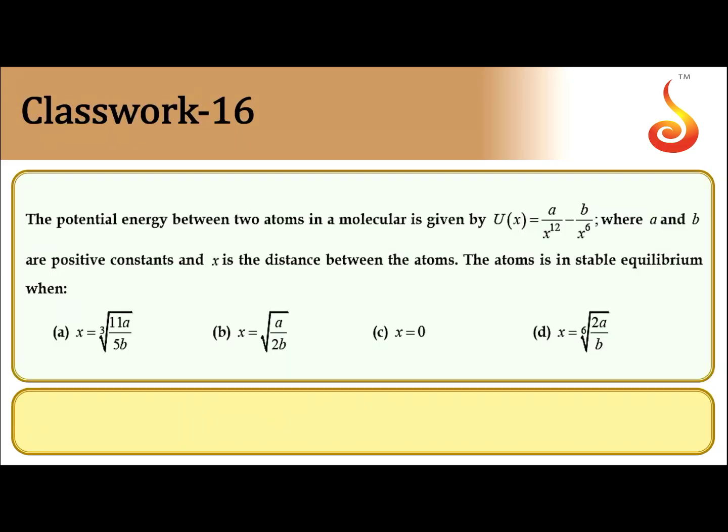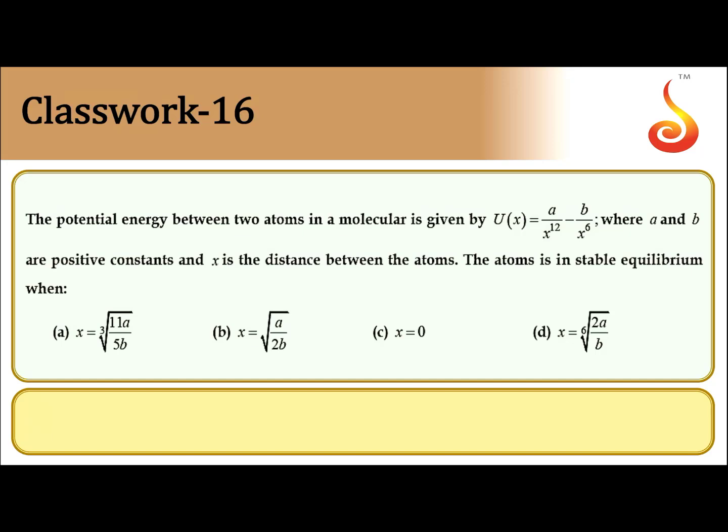A simple example 16. The potential energy between two atoms in a molecule is given by u is equal to a by x to the power 12 minus b by x to the power 6. A and b are constants, x is the separation.